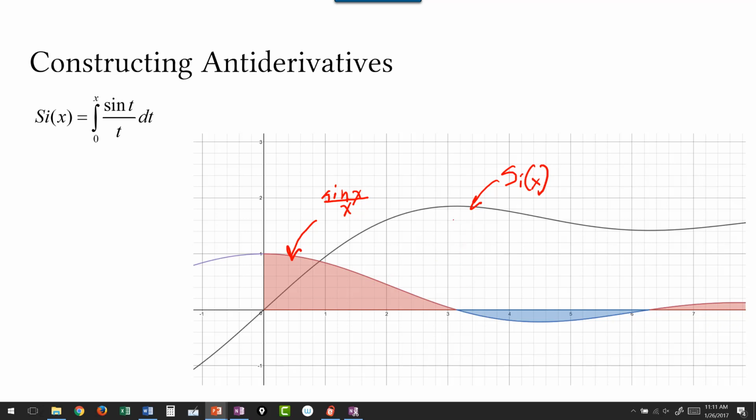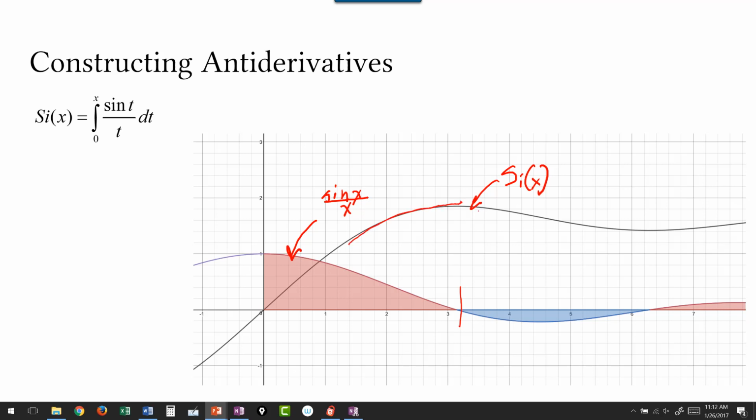So I do want to point out a couple of things. One, notice that as long as the area for sine x over x stays positive, so that's out to about here, the graph for psi of x is increasing. So as we're adding positive area, the psi function increases.